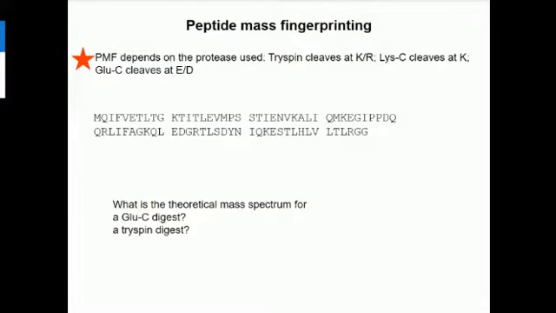Okay, so if we start off with the Glu-C digest then, that cleaves at aspartic acid and glutamic acid. If you take that protein, then the first one will start at the N-terminus.